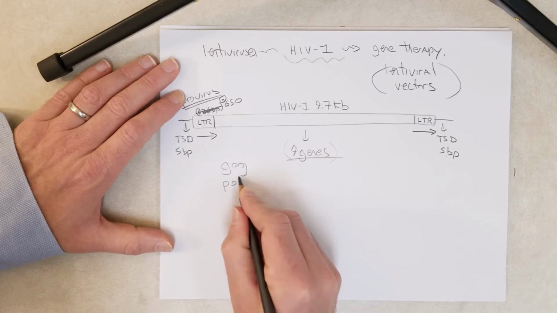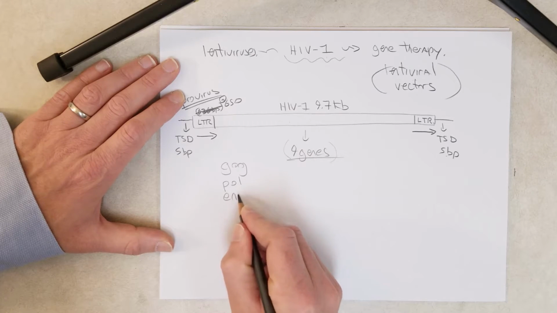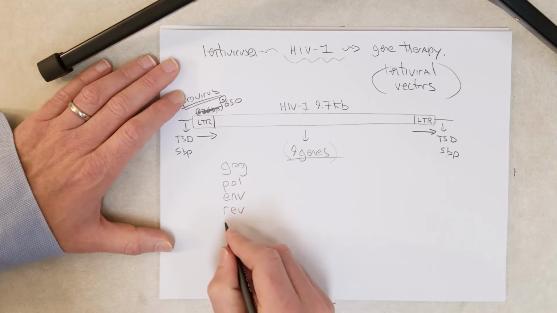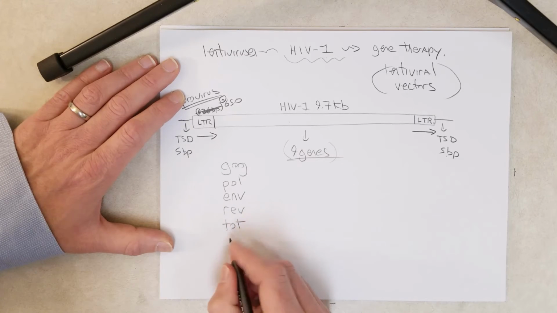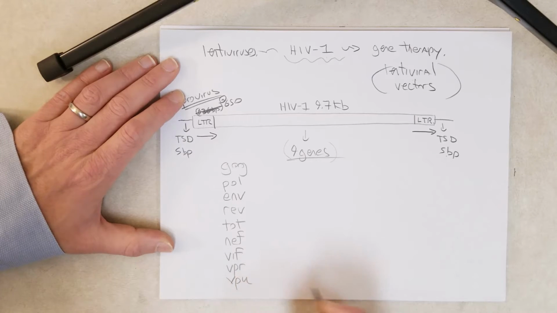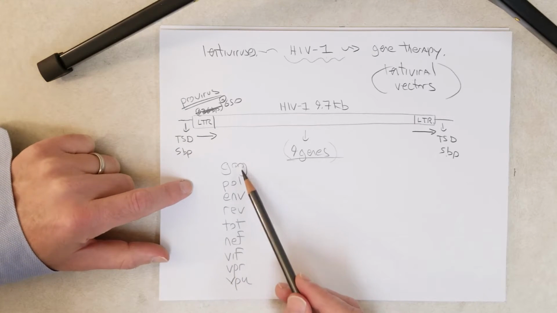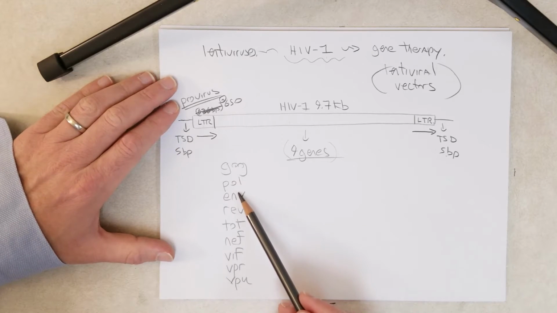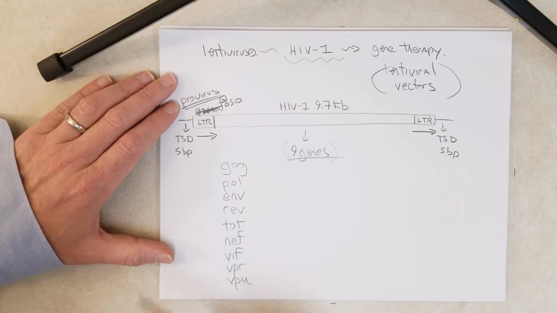So GAG, POL, ENV for envelope, REV, R-E-V, TAT, NEF, VIF, VPR, and VPU. So let's see, 1, 2, 3, 4, 5, 6, 7, 8, 9. So there are our 9 different genes.